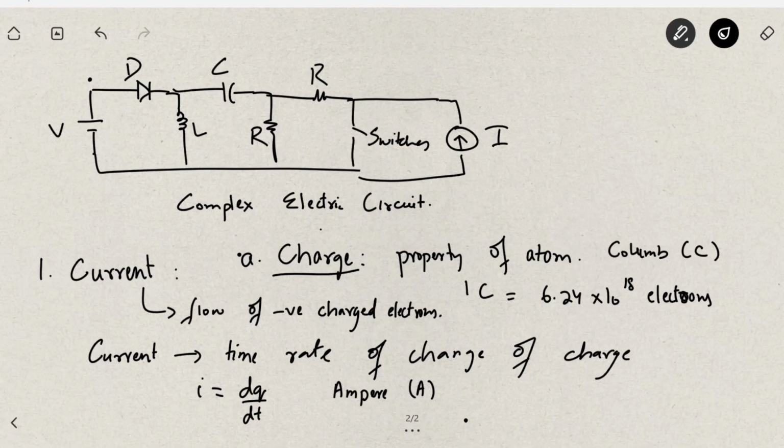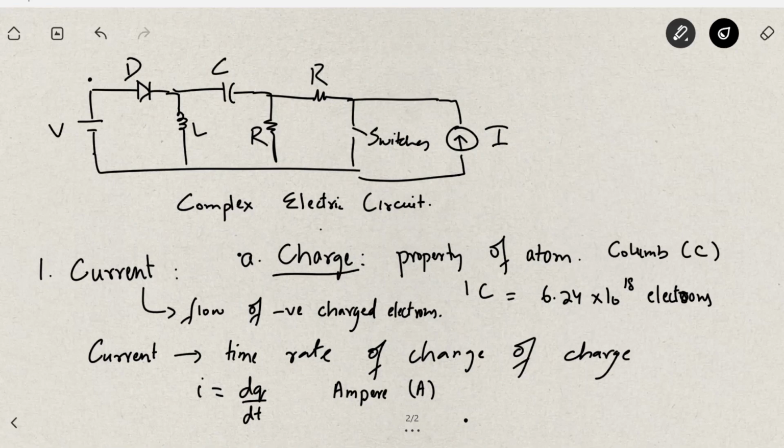So any atom has a fundamental property, that is charge, which is measured in terms of coulombs. Now protons are positively charged and electrons are negatively charged. The movement of electrons is what constitutes a current. So when electrons move, I'm not saying what causes that movement yet. When electrons move, that is what current is. Now this rate of movement of charge is what is current.